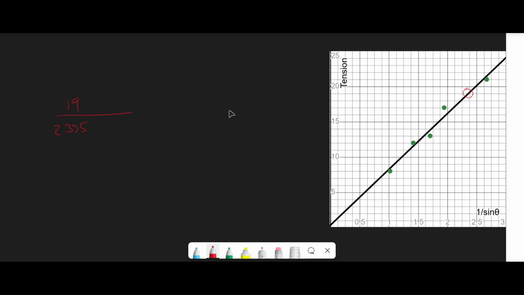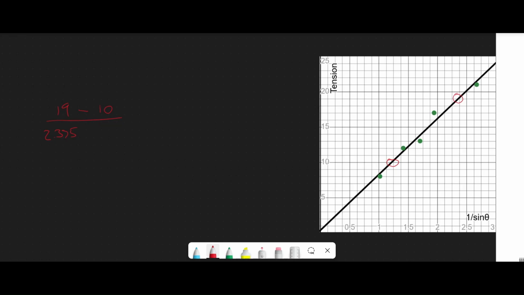Okay. And so now I'm going to find another point where it looks like it crosses. This looks good right here. Now we're at 10, so it's 19 minus 10. And then this is going to be 1.25, so minus 1.25. And so what do I get here?